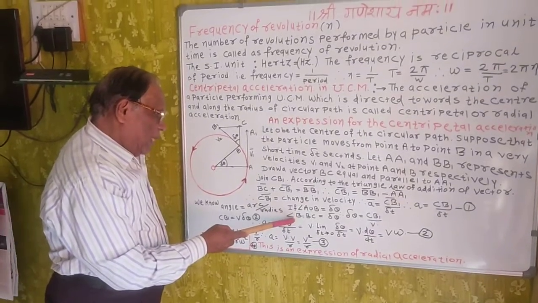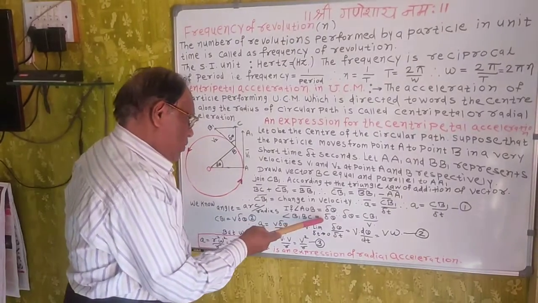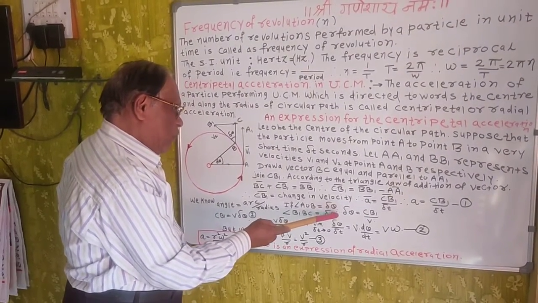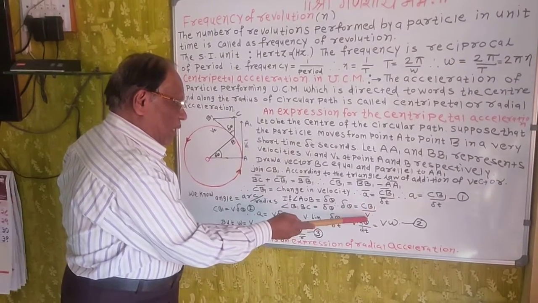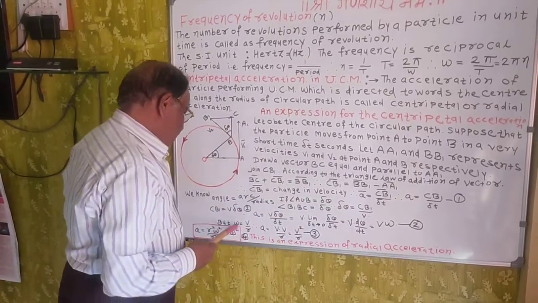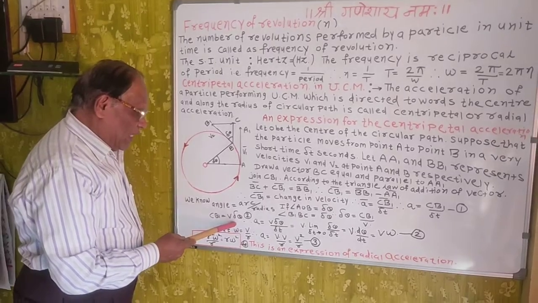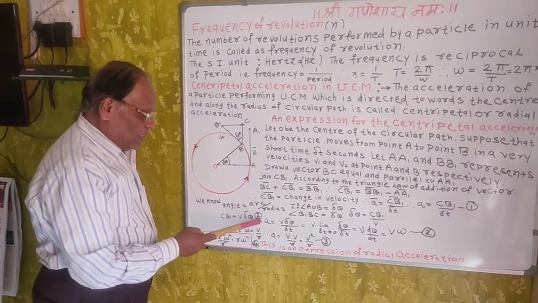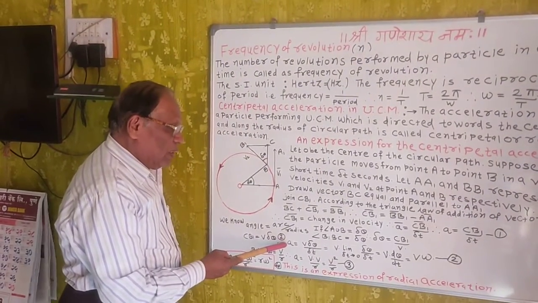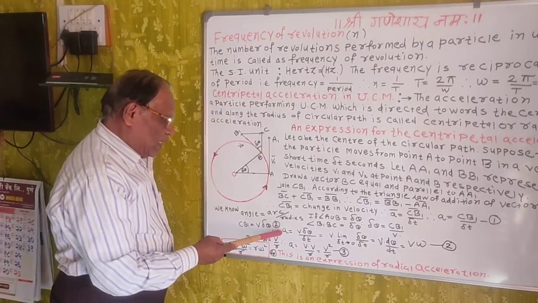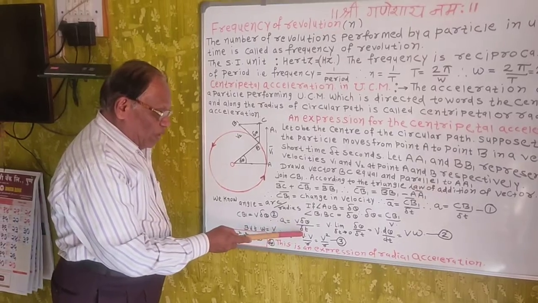Therefore, angle B1BC is equal to delta theta, and therefore delta theta is equal to CB1 divided by v, and CB1 is equal to v into delta theta. Suppose this is equation number 2, and putting this value of CB1 in the first equation, we get a is equal to v delta theta upon delta t.